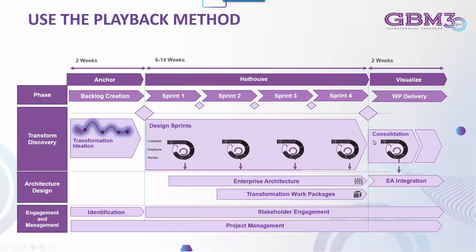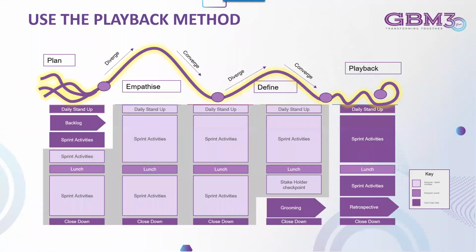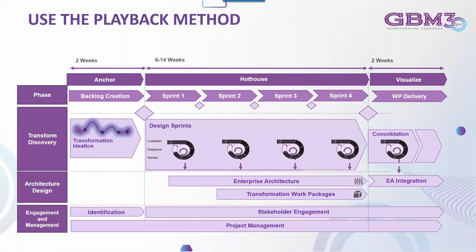We pull it all together. We may be doing some enterprise architecture integration at the end, and we're ready to go. Now, this could be 18 weeks, depending on the capability. But the one before could be a very simple idea that we want to do in a week, and we can still follow exactly the same concept.